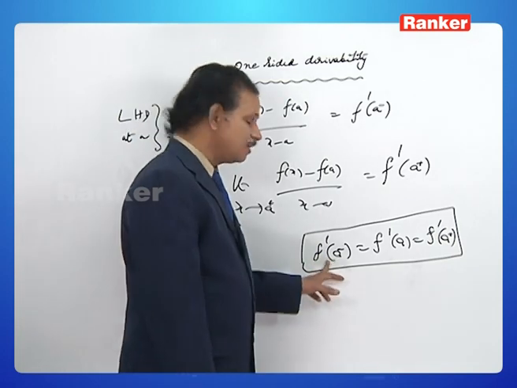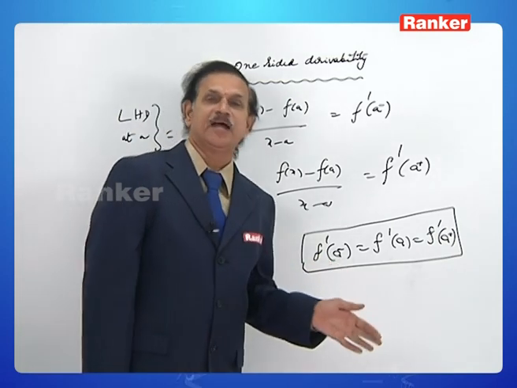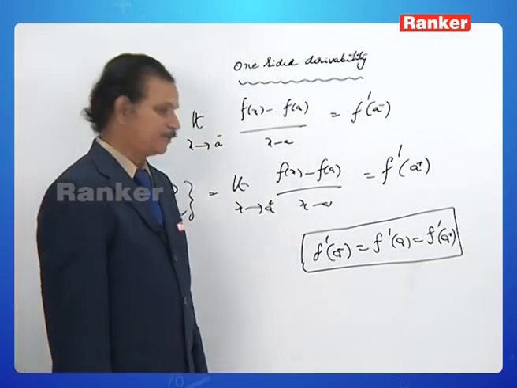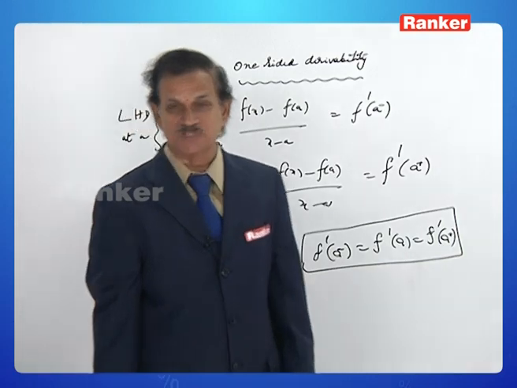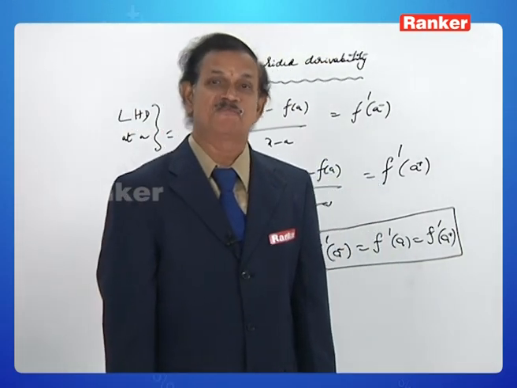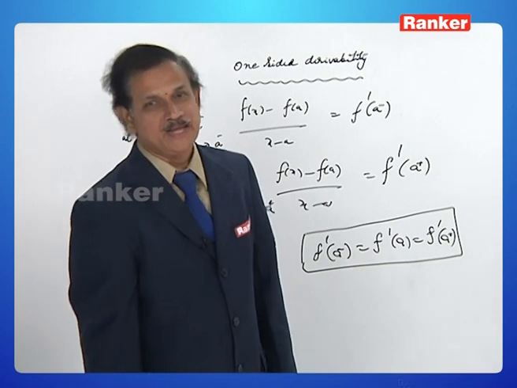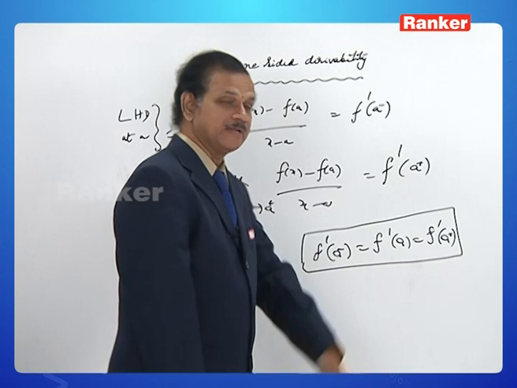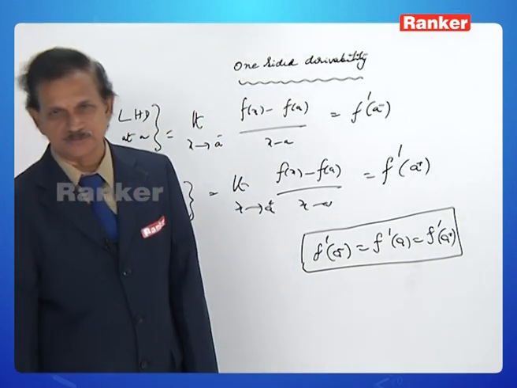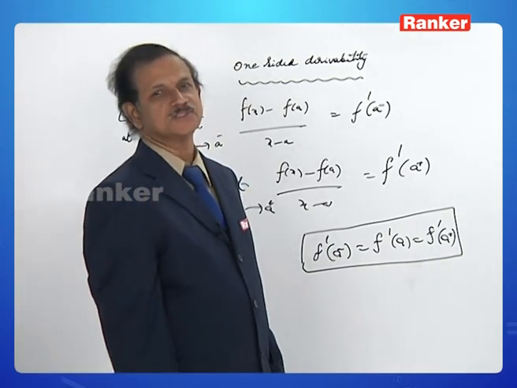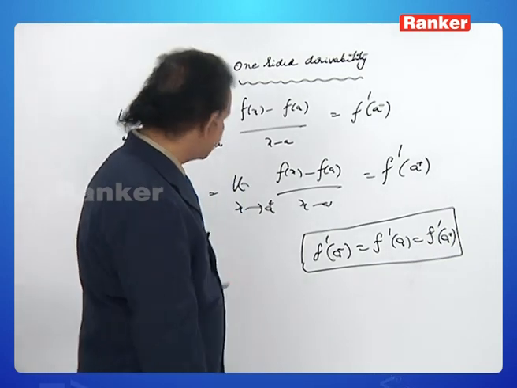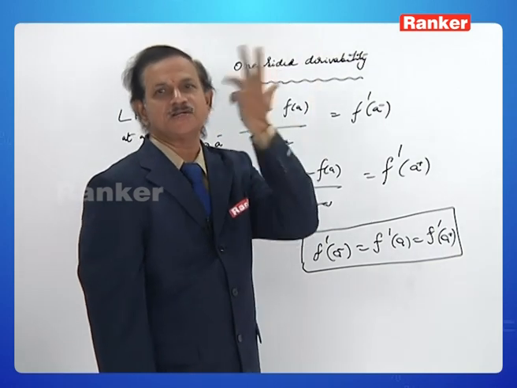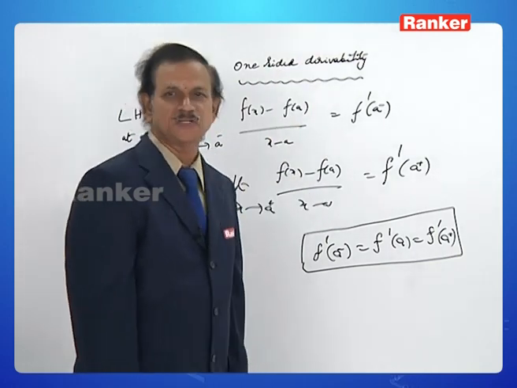If only this limit exists, then f has the left hand derivative at x equal to a, or f is derivable from left at x is equal to a. If only this limit exists, then the right hand derivative of f at x equal to a exists, and f has right derivability at x is equal to a. If both of them exist and are equal, then we say that f is derivable at x equal to a and the limit is f dash a. We can trace all these things from the knowledge of limits even. There also we could proceed in the same way.